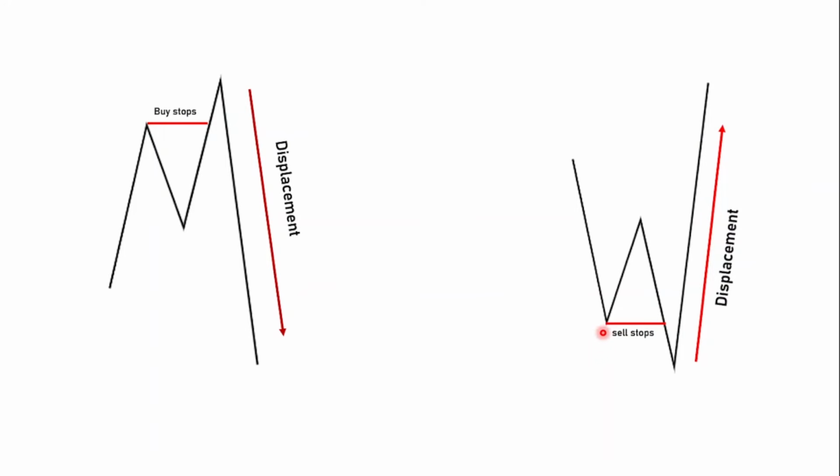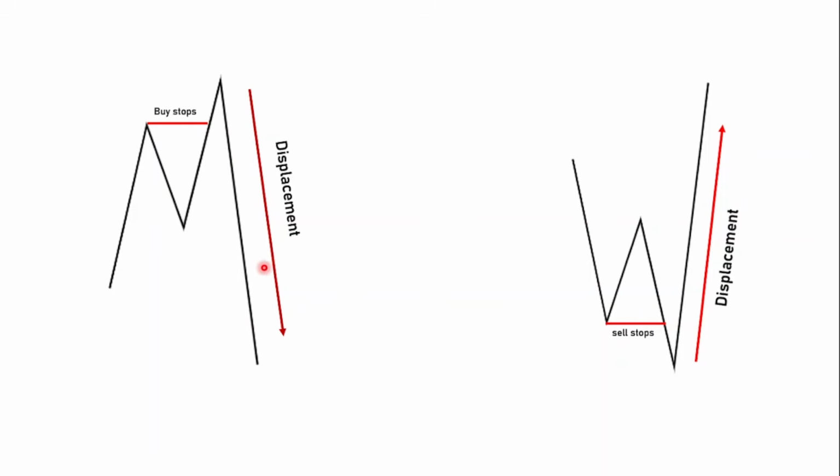So we have a run on buy stops and then displacement opposing that, or a run on sell stops and displacement opposing that. Now displacement means quick and rapid movement.